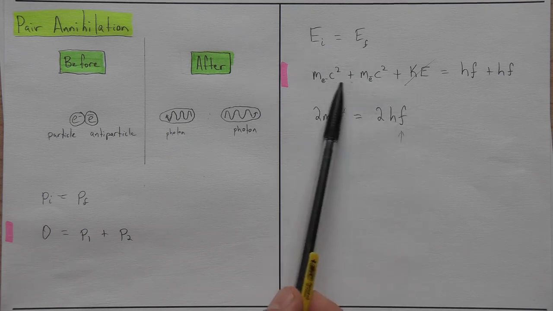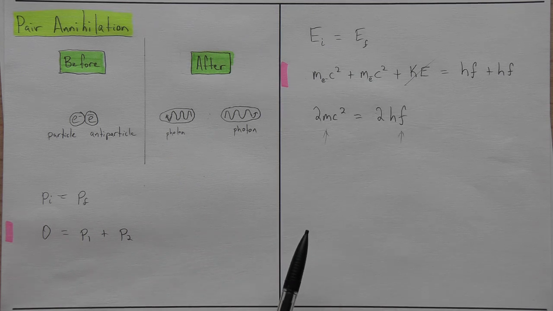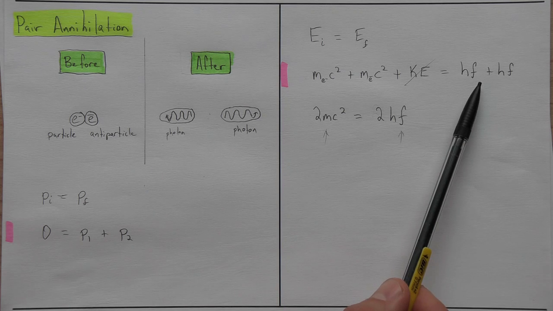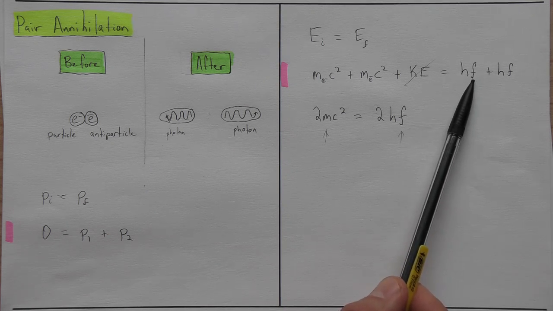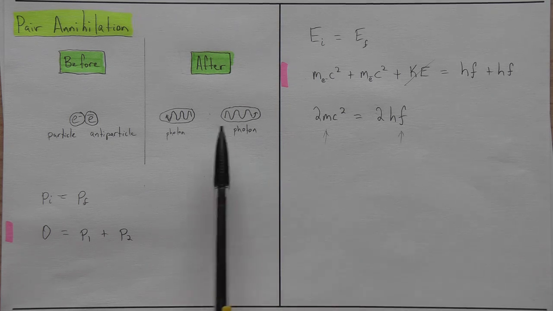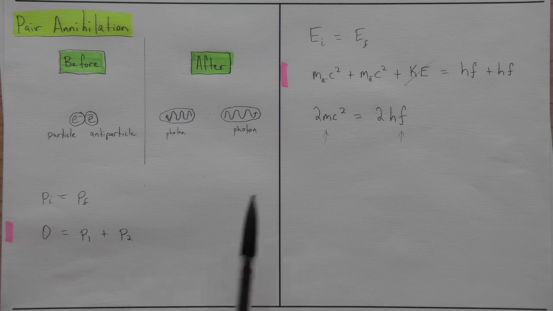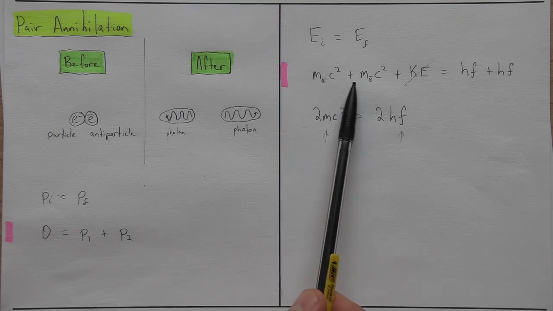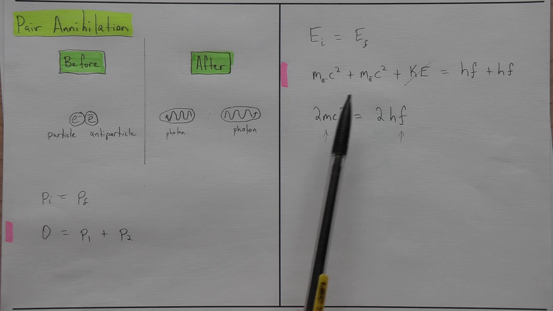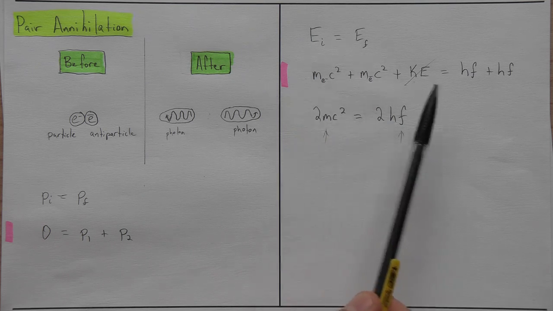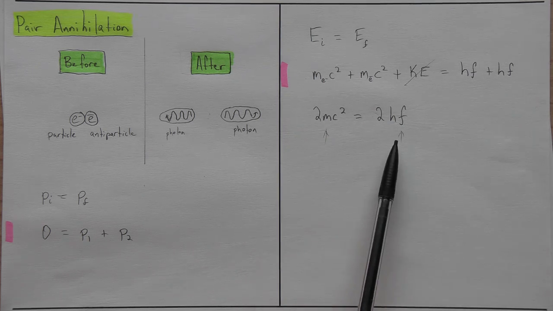After, there's no more mass, no more kinetic energy, because they're gone, the particle and antiparticle. So what we have are the energy hf or hc over lambda for the two photons. And so you see these masses being the same, electron, positron, we've got 2 mc squared on this side and 2 hf on this side, assuming negligible kinetic energy.